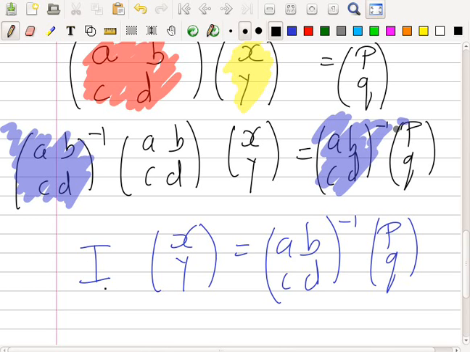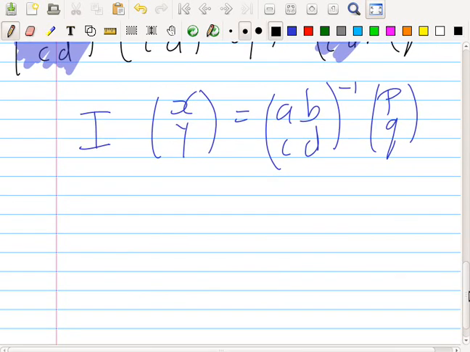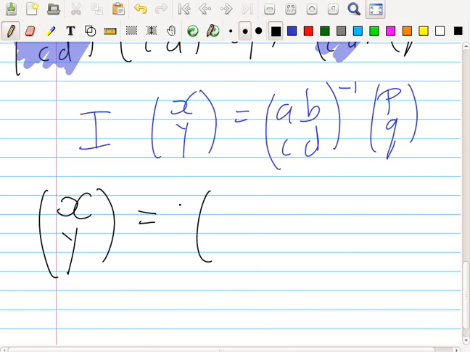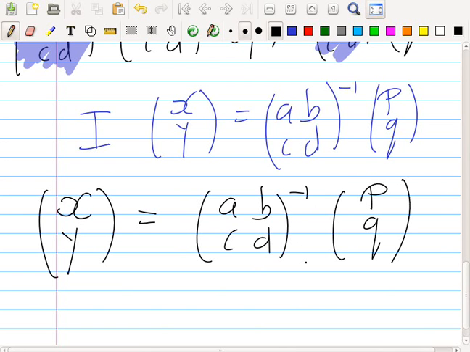Remember, I is like 1. So if you multiply this by 1, so to speak, you get xy. So this is the rule for today. The answer xy will equal the inverse multiplied by pq. This is the rule for today.